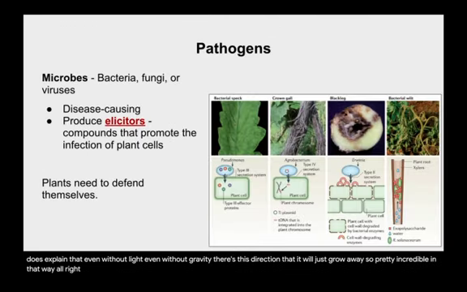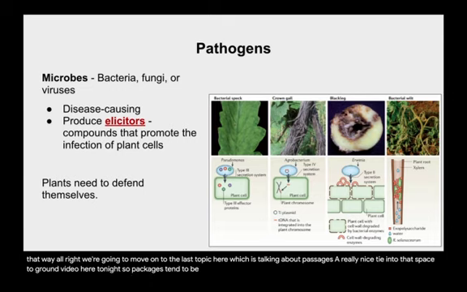All right. We're going to move on to the last topic here, which is pathogens and how plants defend themselves. So really nice tie into that space to ground video here, right? Pathogens tend to be microbes, very small organisms like bacteria or fungi or viruses, right?